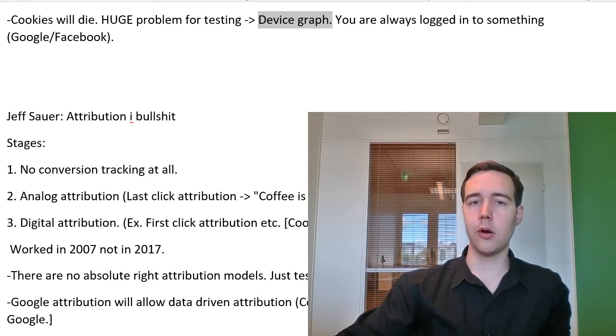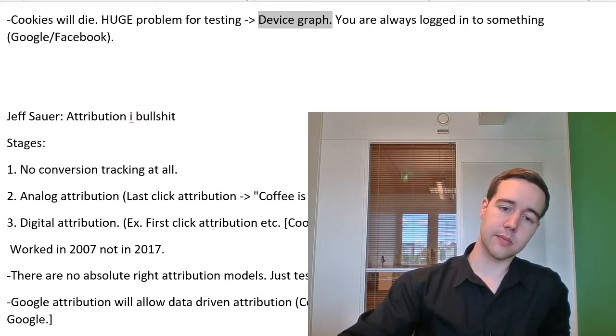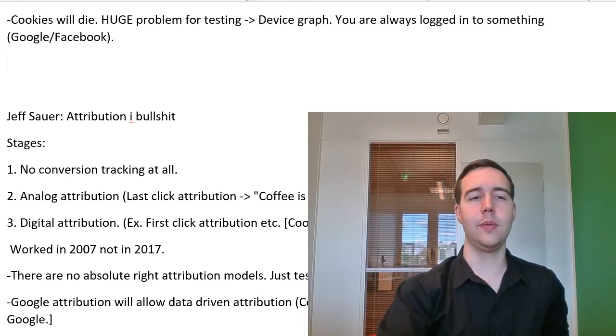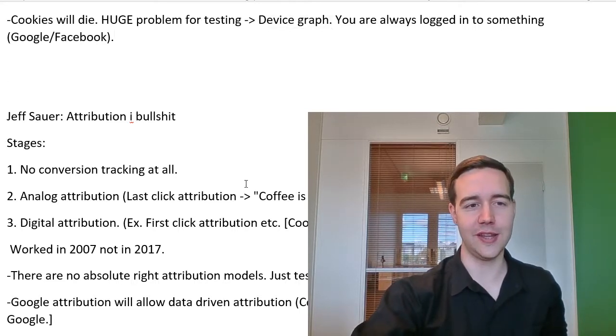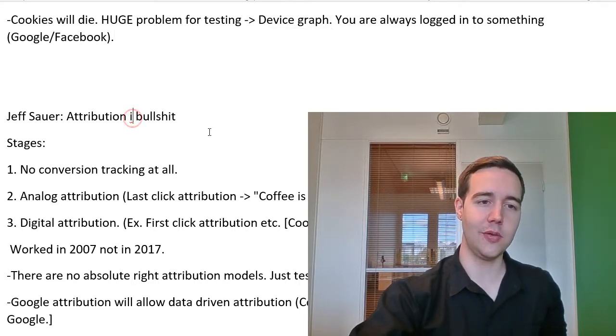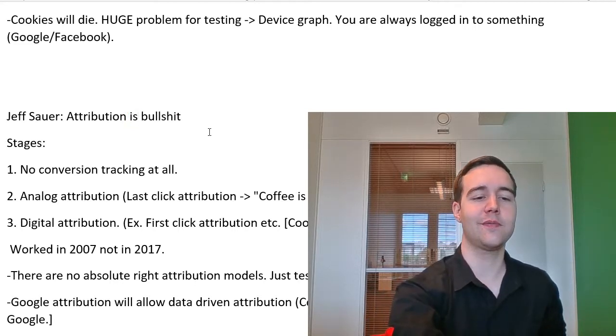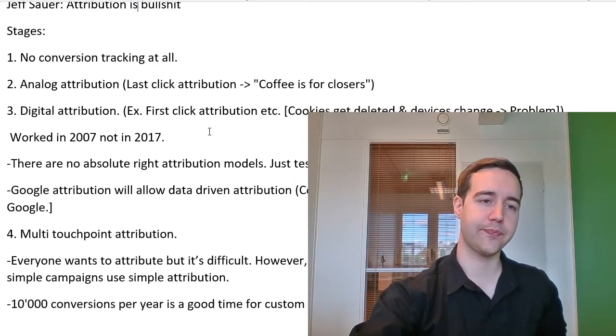And really, we're all logged into something these days. So very few people log out of Facebook every time, and log out of Google as well every time they stop using it. So that will be very useful, and I think it's a good thing to also be able to identify these users, even though there's a lot of outcry about it.